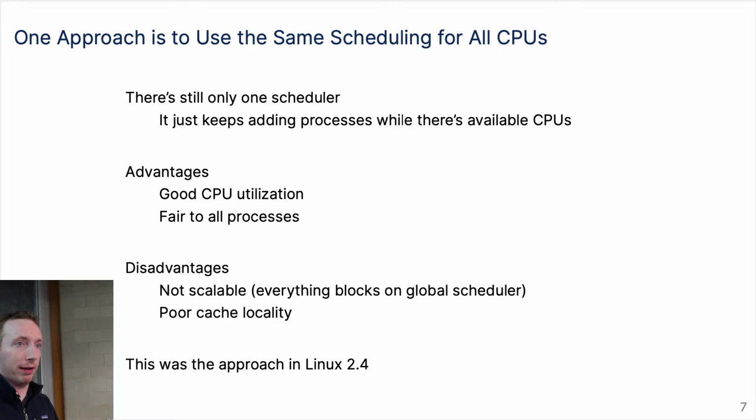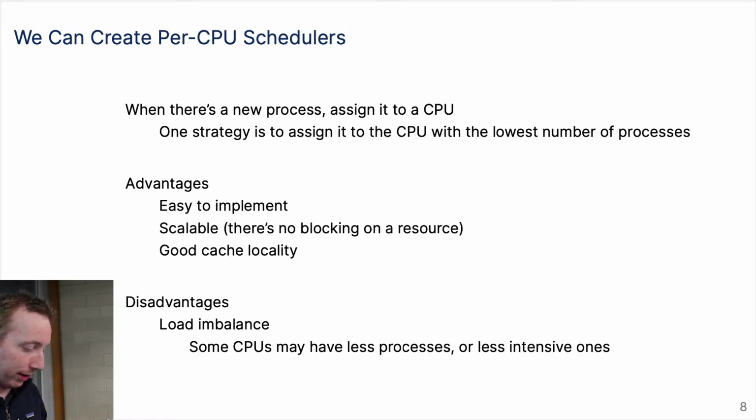While if you just give it to any old random CPU, you essentially would trash its cache every single time, and it would have to refill its cache. So that's another disadvantage, but this scheduler is actually one of the first ones used. If you go way back and figure out what year Linux 2.4 was out, this is the exact scheduler that's in it. So let's go to the future where we might think of a better idea.